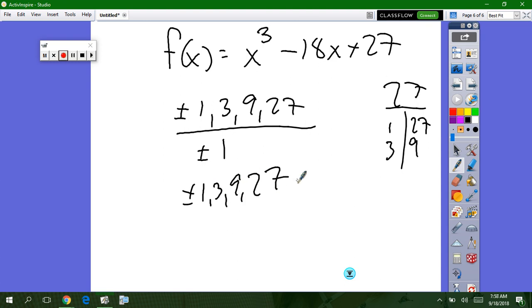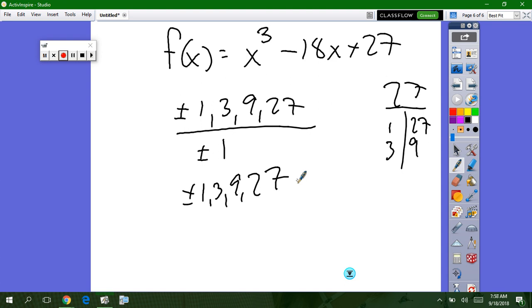Yes, sir. Once again, because it could be, how can I get to an x cubed? I could have x times x times x. All of those were coefficients of 1, right? Or I could have negative x times negative x times x. Negative x times negative x becomes x squared times x again. So those are the reasons why it could be plus or minus.